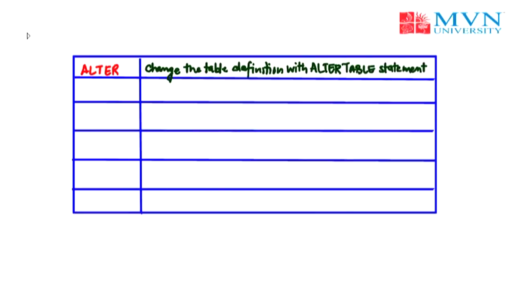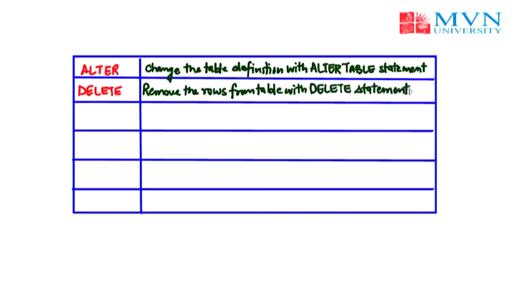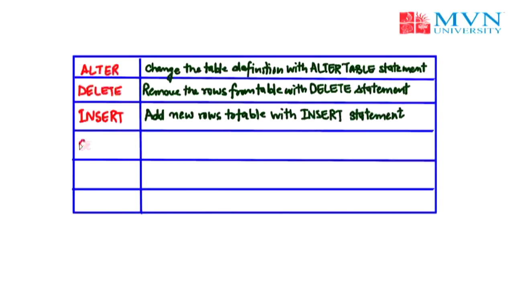The next object privilege is delete. It is used to remove the rows from the table with delete statement. The next is insert. It adds new rows to the table with insert statement. Next we have select.